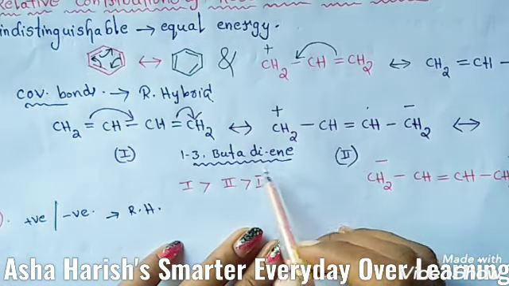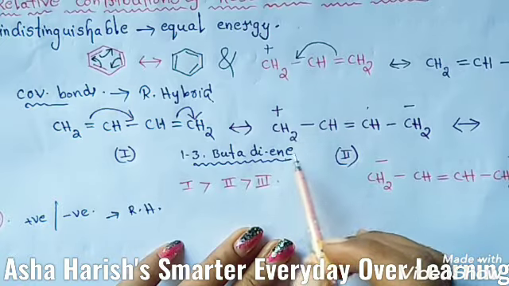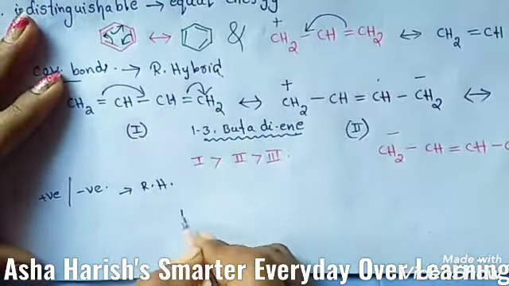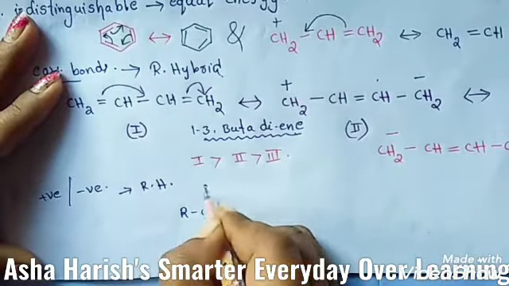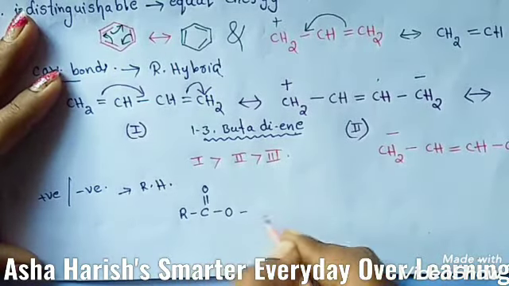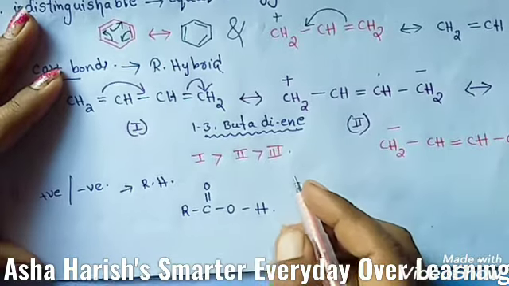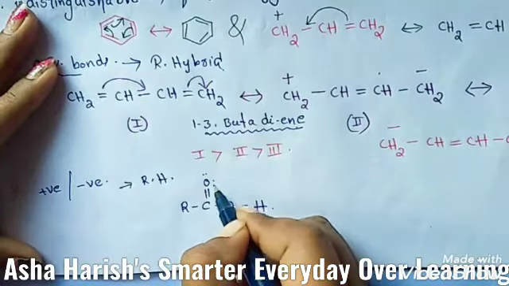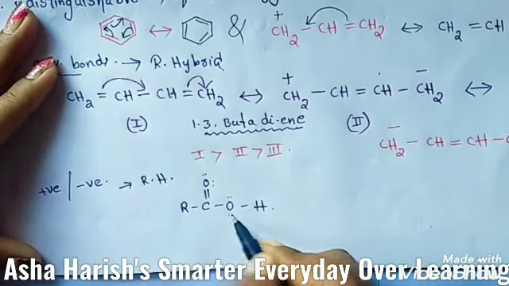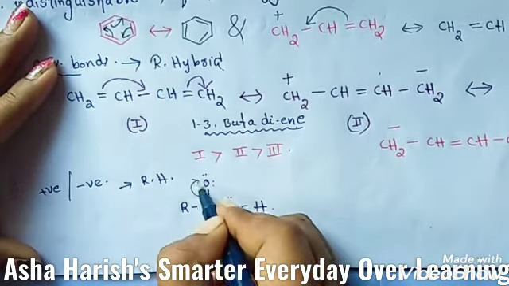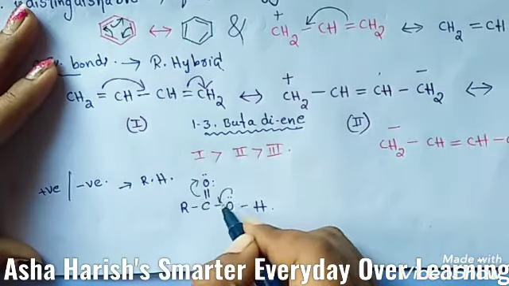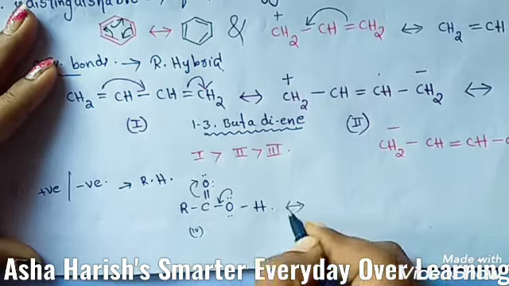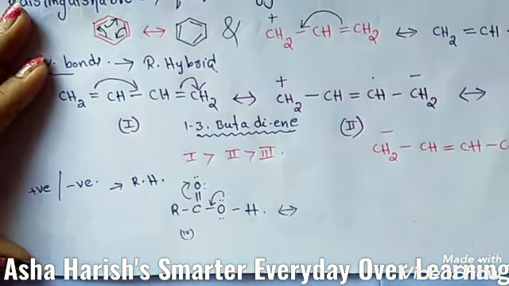This is 1,3-butadiene. Similarly, you can see the structure of R C double bond O H. Here the lone pair of electrons 2, and here also 2 pairs. The shifting of bond like this, then this is the fourth one, and from this what is the final structure you are going to have?